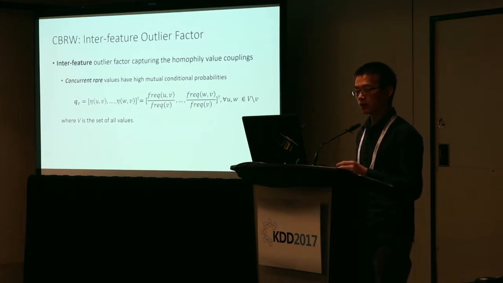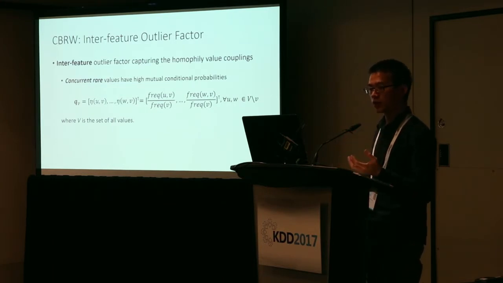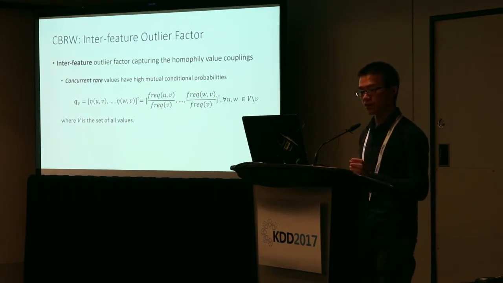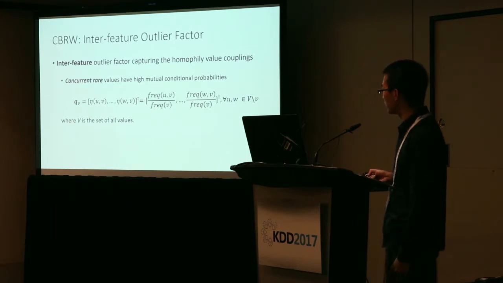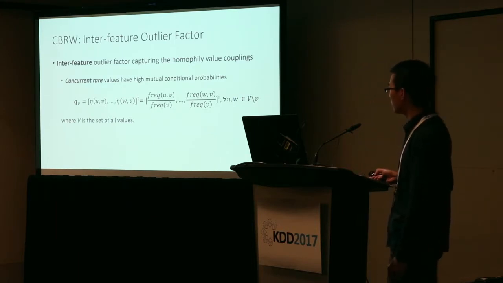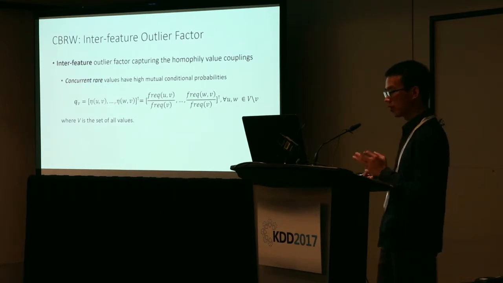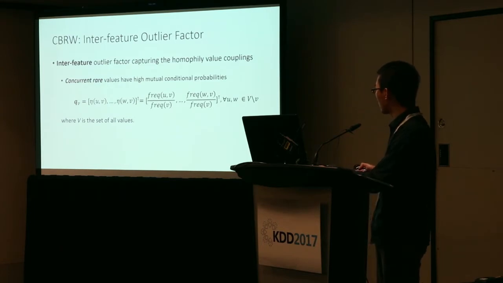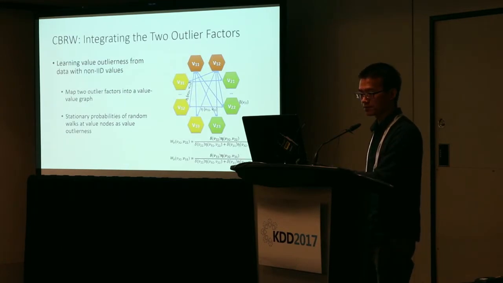So even though they have very small joint probabilities, due to their small marginal probabilities, as a result they have high mutual conditional probabilities. This is the one key property here that enables us to capture these homophily couplings between the outlying values.